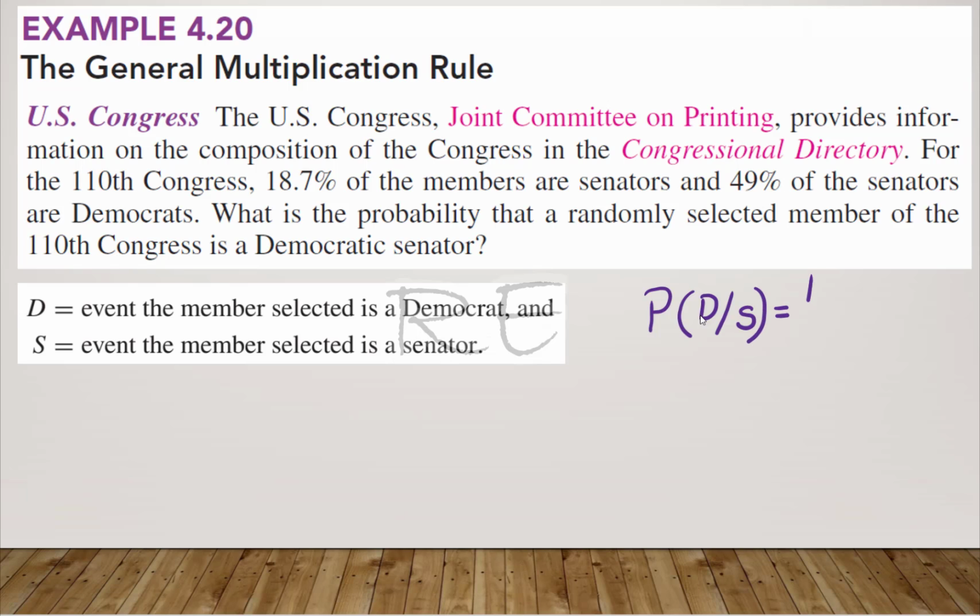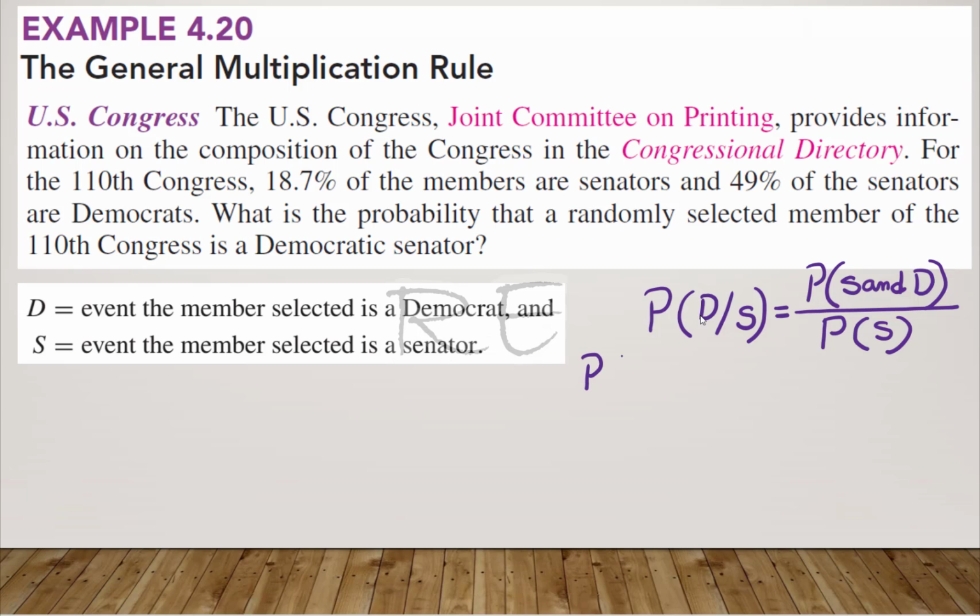So it's P of D and S. We know that P of D given S is equal to P of S and D, the joint probability, divided by P of S, the marginal probability.